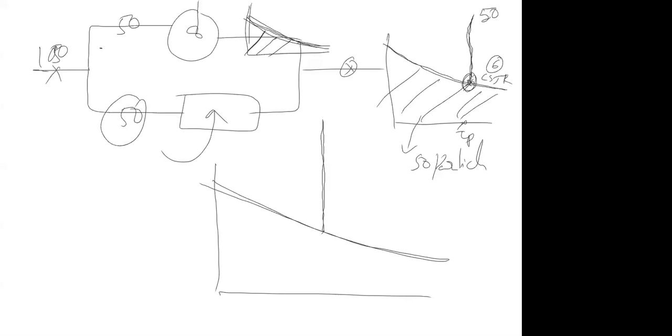Don't draw a solid line here. These are just dots I am showing, but it is CSTR particles plus PFR. This E stands for PFR, and these many particles stand for CSTR. So PFR particles will be merging on the CSTR.